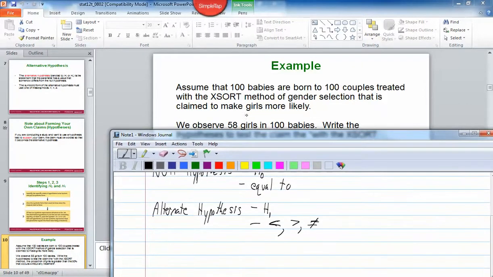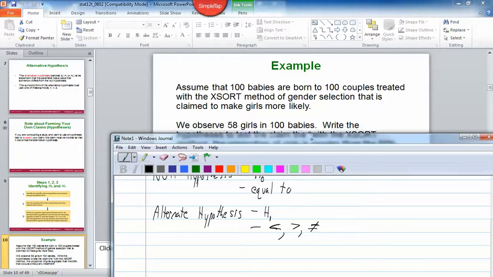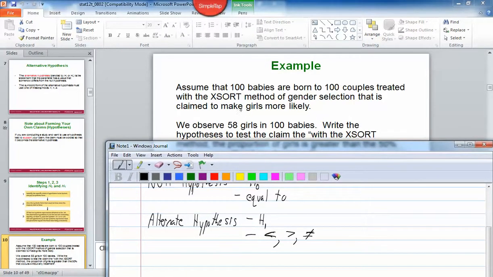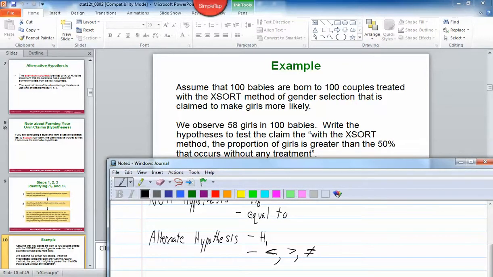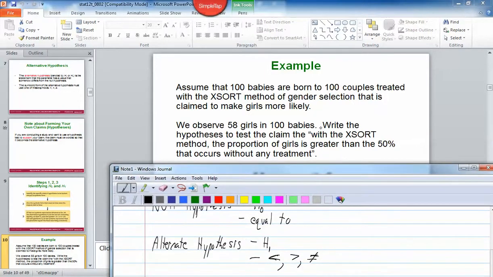We observe 58 girls in 100 babies. Write the hypotheses to test the claim with the XSORT method. With the XSORT method, the proportion of girls is greater than the 50% that occurs without any treatment.